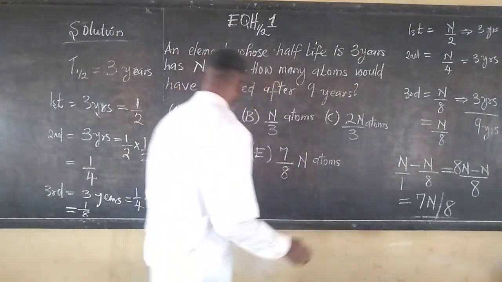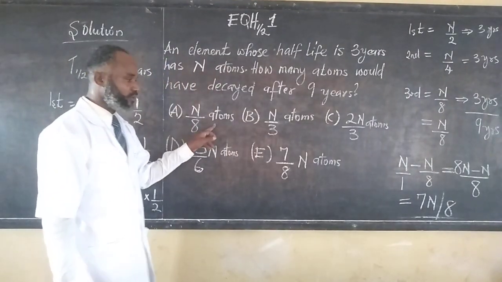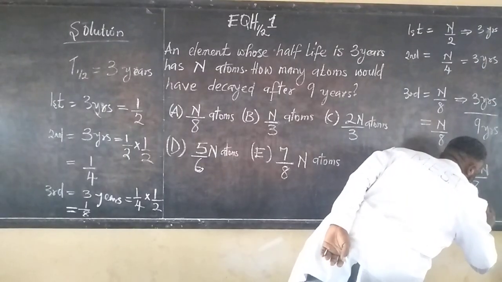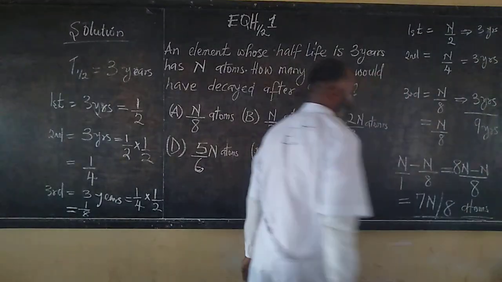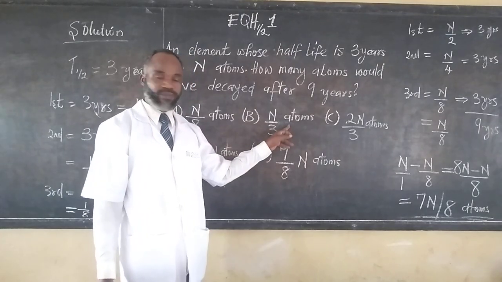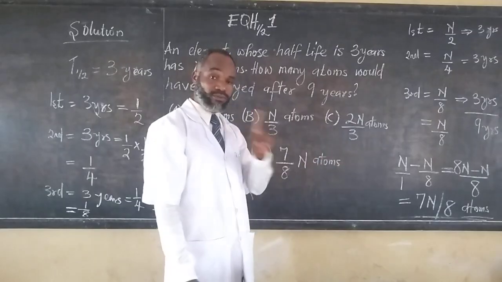So let's see. Option A is N over 8 atoms. No. Remember, this is the number of atoms. Option B is N over 3 atoms, which is different from what we have. Option C is 2N atoms over 3, also different.